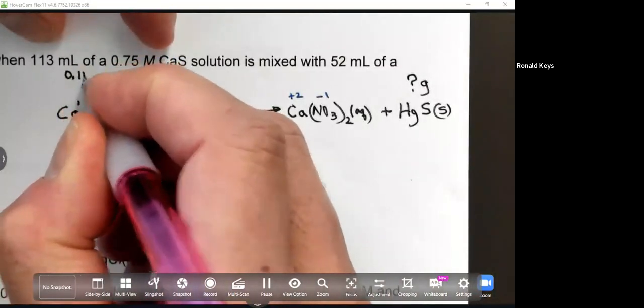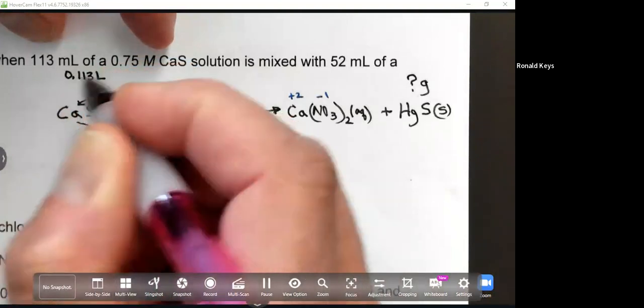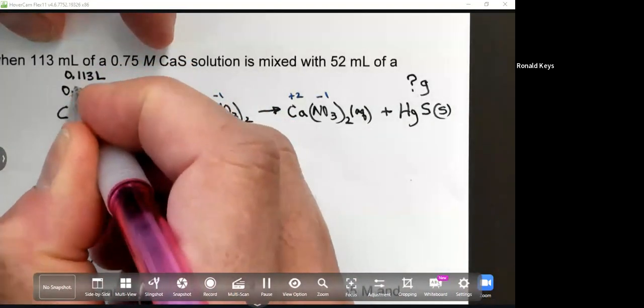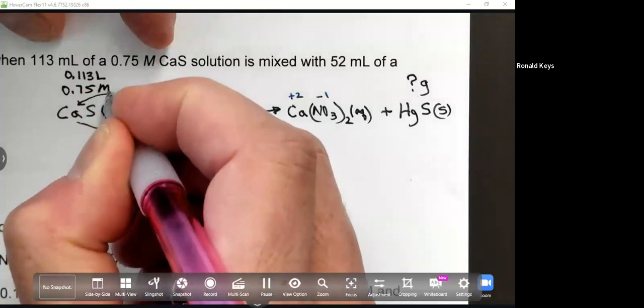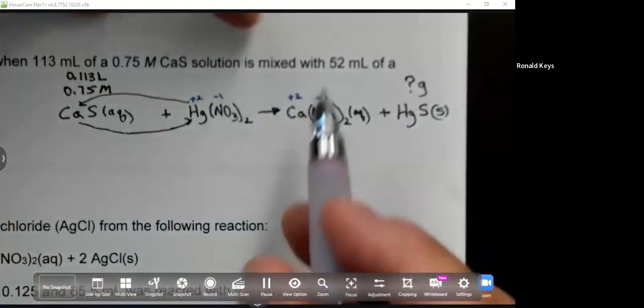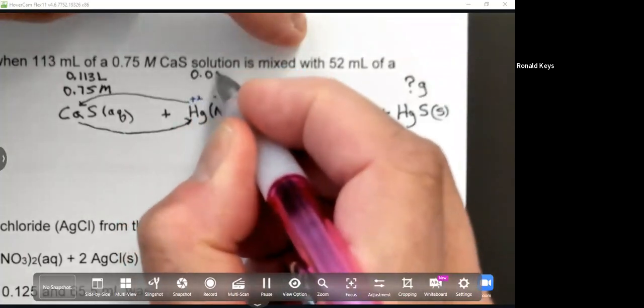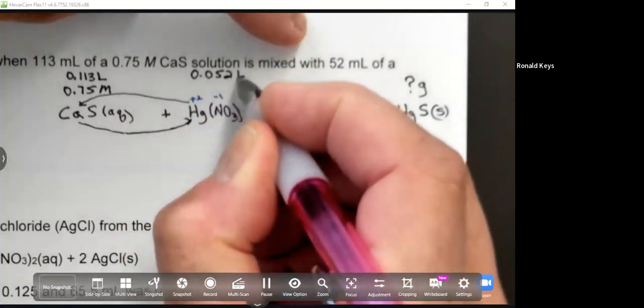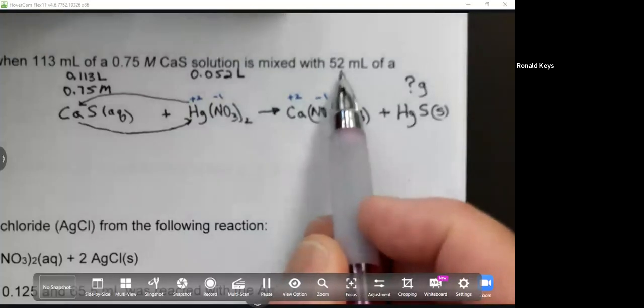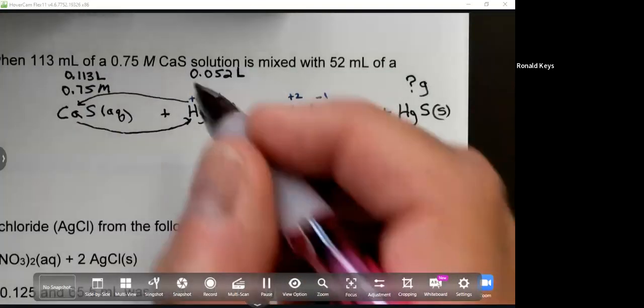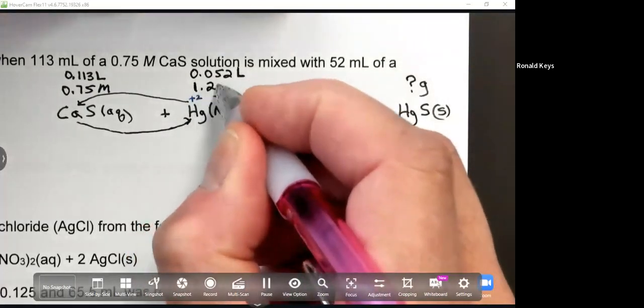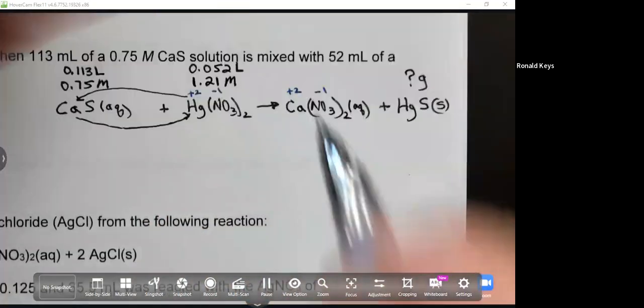So I'm going to drop this down right here as 0.113 liters. This is 0.75 molarity. This right here is 0.052 liters of solution, the 52 milliliters, and it is 1.21 molarity.